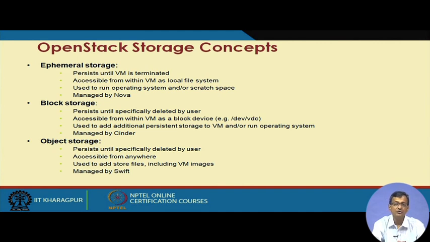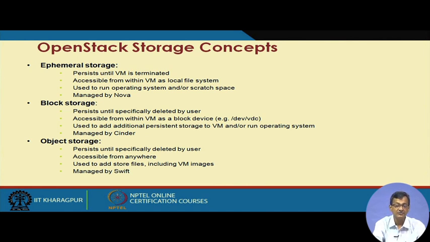So, if we look at the OpenStack storage concepts, they are along similar lines to other cloud storages. Ephemeral storage persists till the VM is terminated and is accessible from within the VM as a local file system.